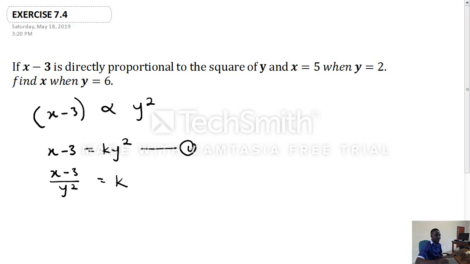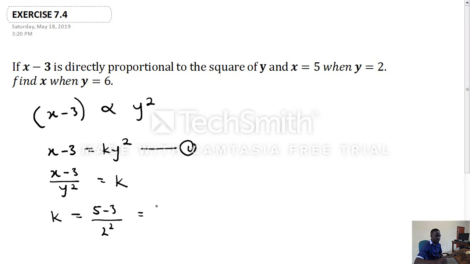Thereafter, we are told that when x is equal to 5, y is equal to 2. So we are going to use that information to get our value of k, that when x is equal to 5, that becomes 5 minus 3 divided by y squared, that is 2 squared.